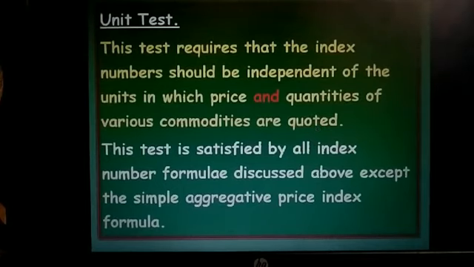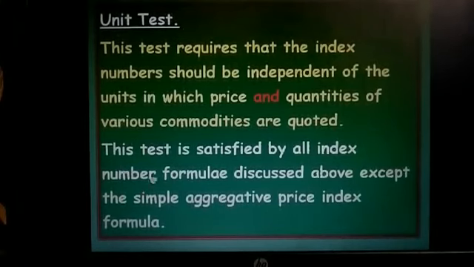Whichever index number is calculated based on prices and quantities that have been quoted, it should be independent of the units. It should not be dependent on them. It should be independent. Such a test, if it is satisfied, then we say that index number will satisfy the unit test.